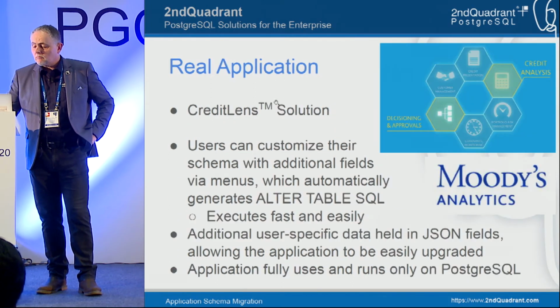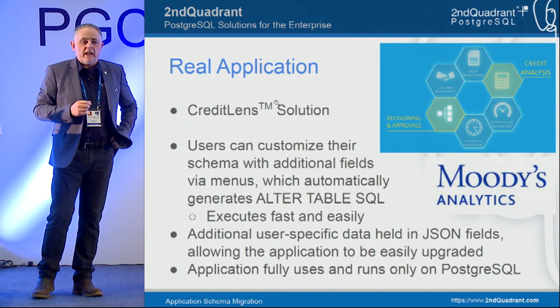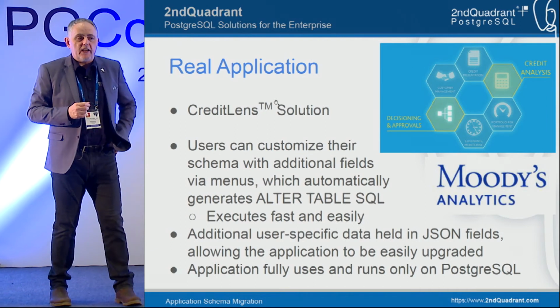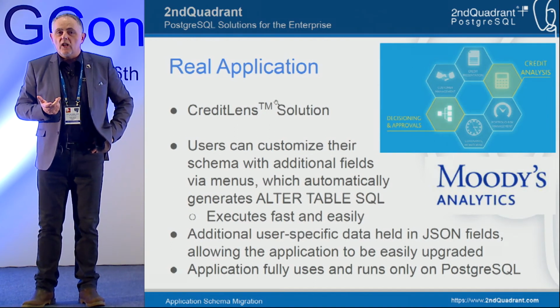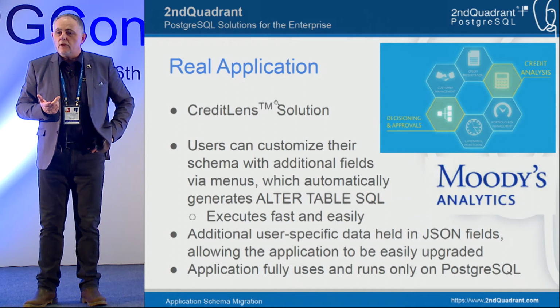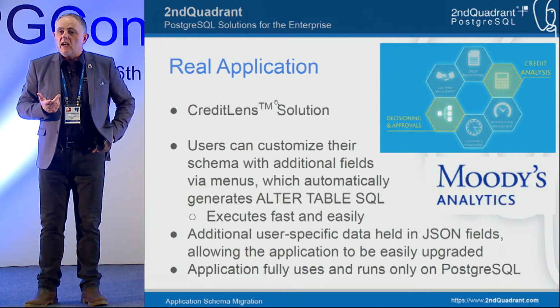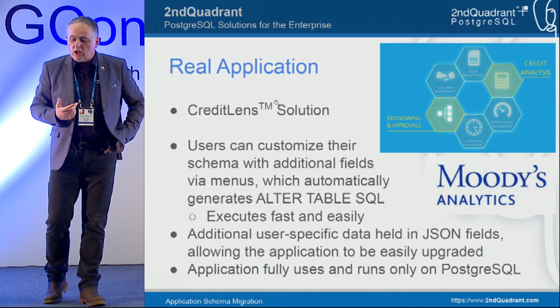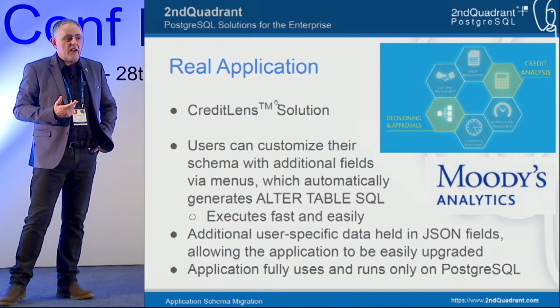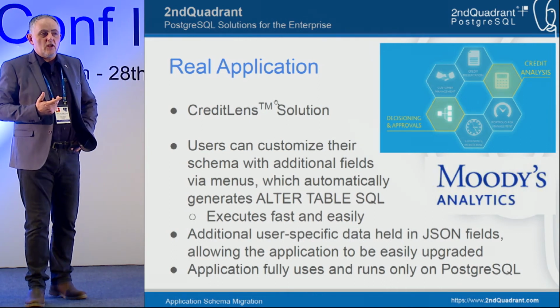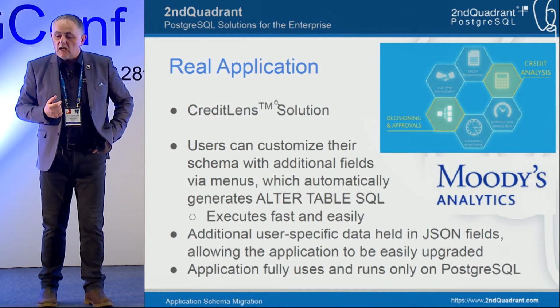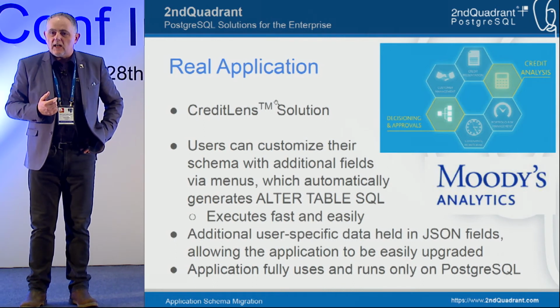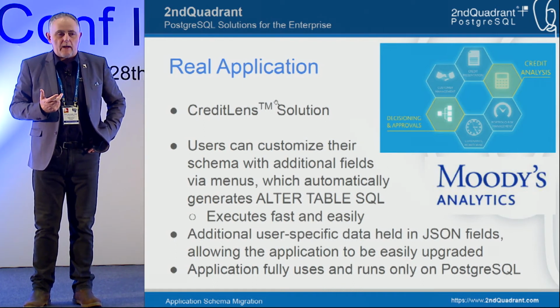So what I wanted to do here is actually refer to a real-world example of the use of both of these techniques inside a single application. And I received the permission of Moodys Analytics to describe the way that they have used their PostgreSQL application.